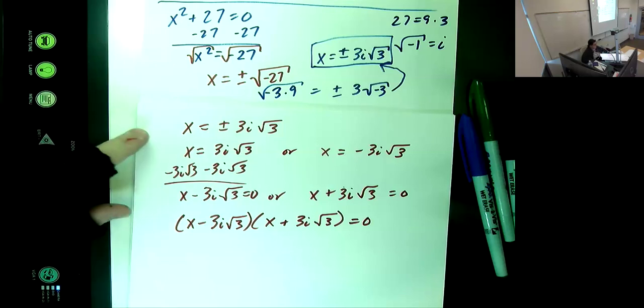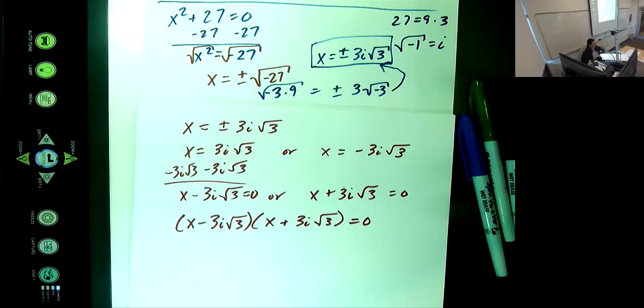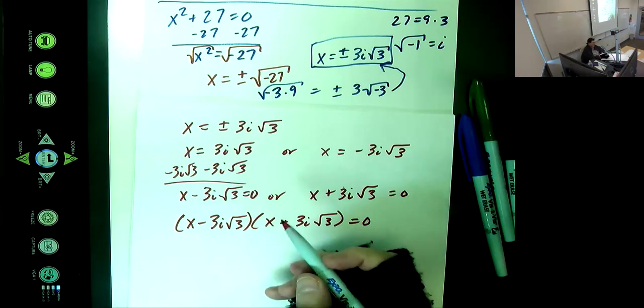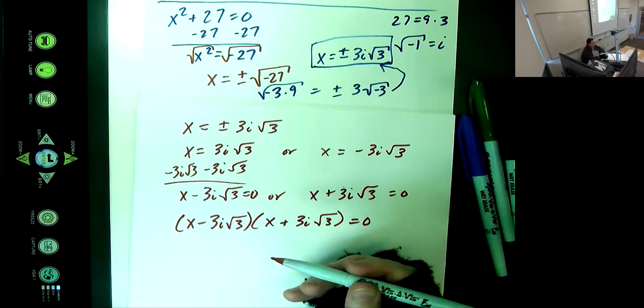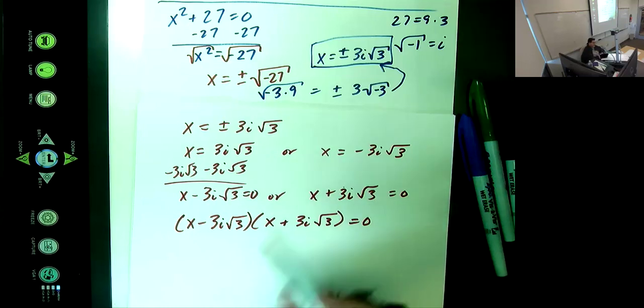So, if you're good at factoring, you could have just factored x squared plus 27 to this. It's a factored form, right? It's got a radical in there and it's got i in there, so most people aren't going to jump to doing that. With enough practice, you could do it, but even then, it's still easier just to complete the square or extract the roots.